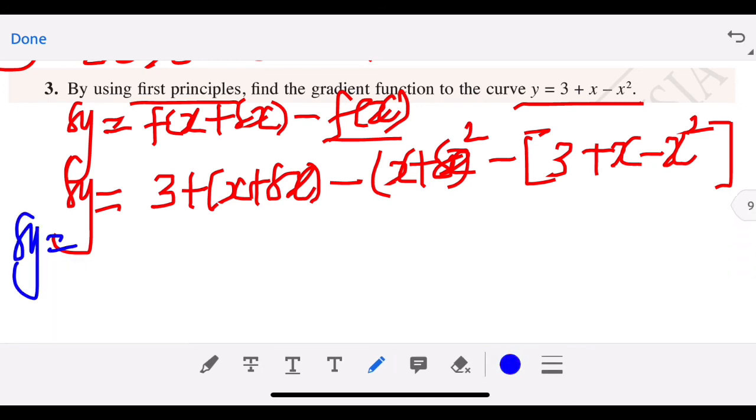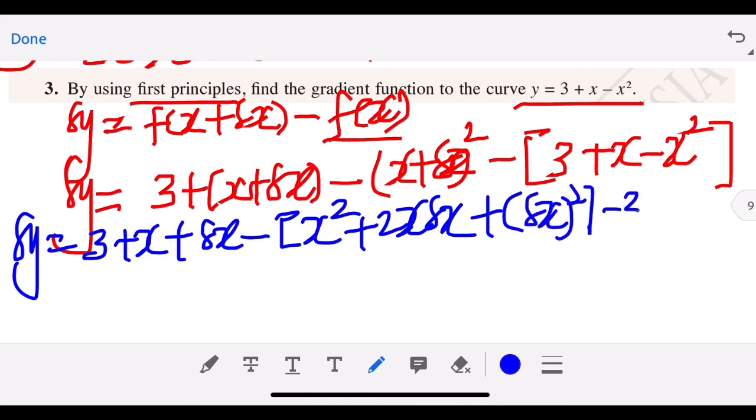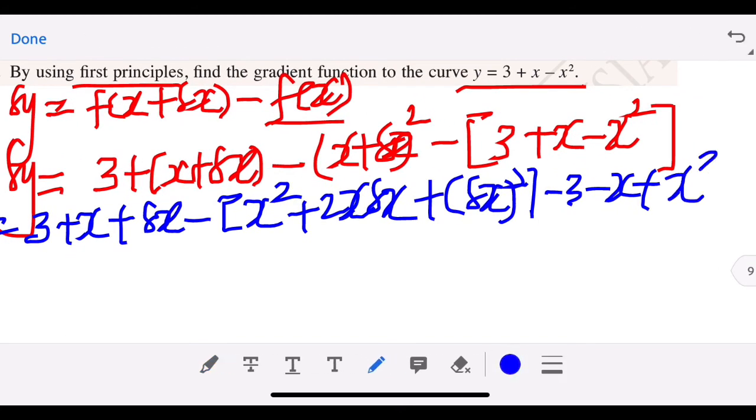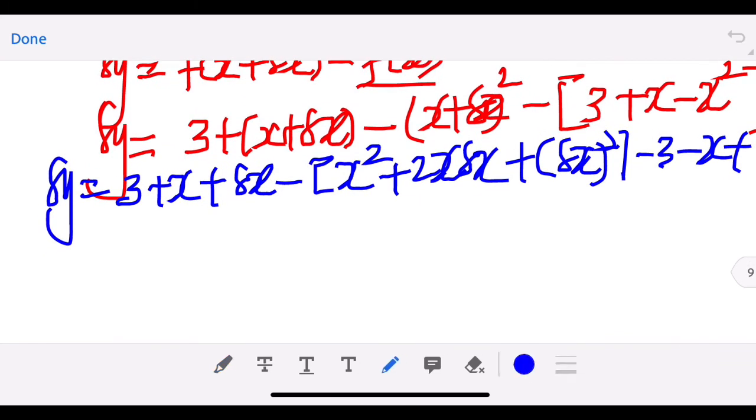Delta y is 3 plus x plus delta x minus, okay, you have to be very careful for the expansion, right? Like this, minus 3 minus x plus x square, right, plus the x square. So we are going to double check which one can be cancelled out later on.